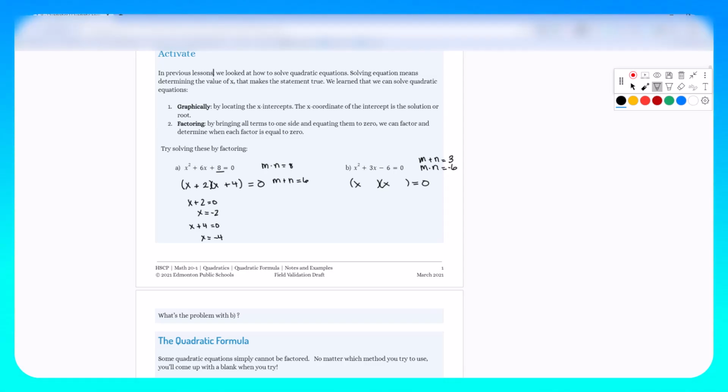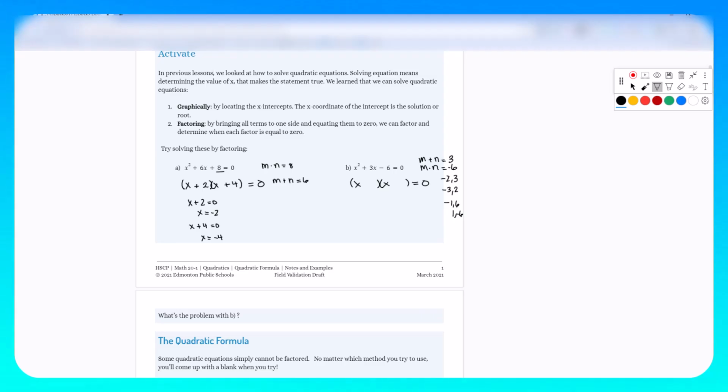Well, notice in this case, because this is a negative number, we only have factors like this. Those are the factors of negative 6 that are integer values.